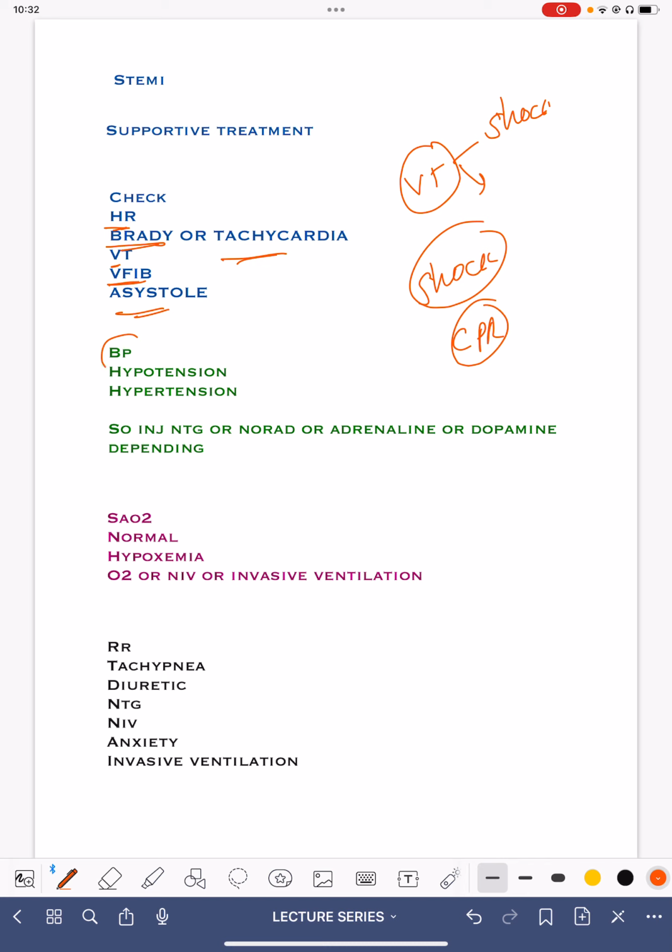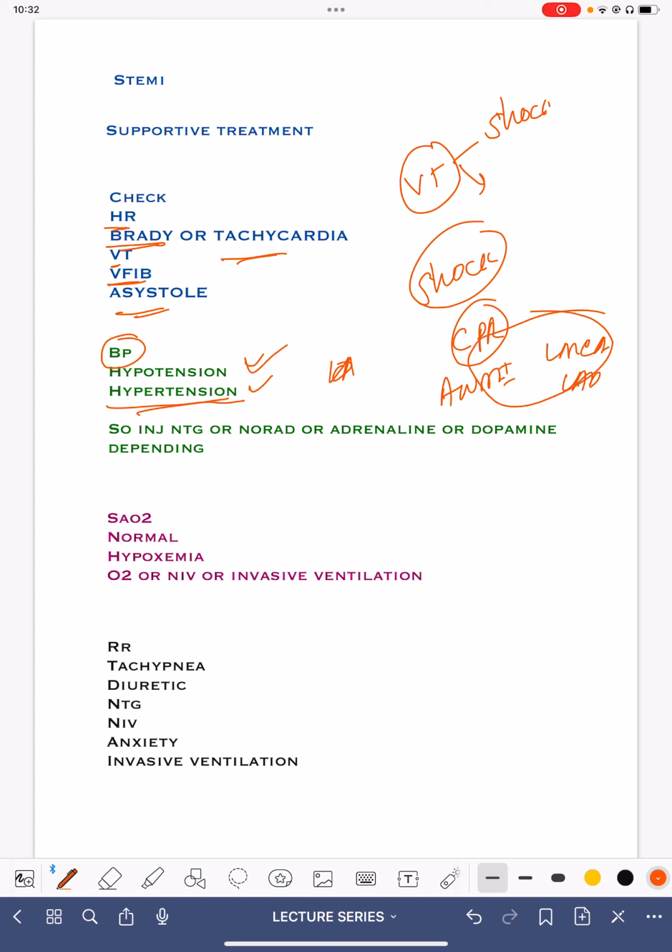The next most important thing is blood pressure. If this is a heart attack, it means the heart muscle is not pumping. The patient may present with hypotension, or the patient may present with hypertension. Now, this hypertension is very common especially in anterior wall MI, where there is either LMCA blockage or LAD blockage.